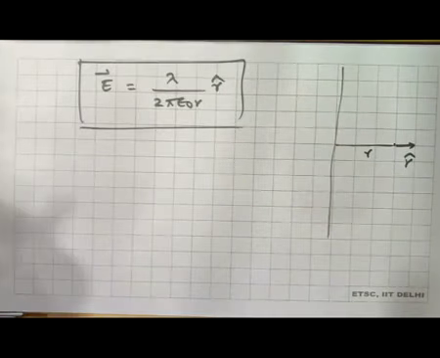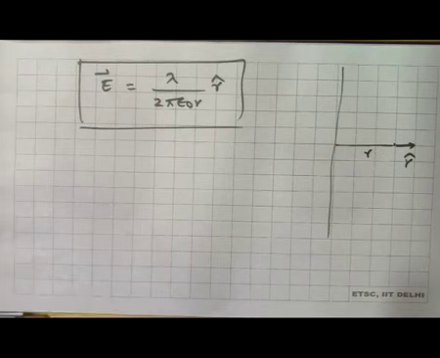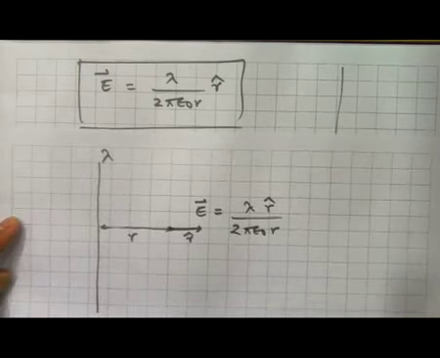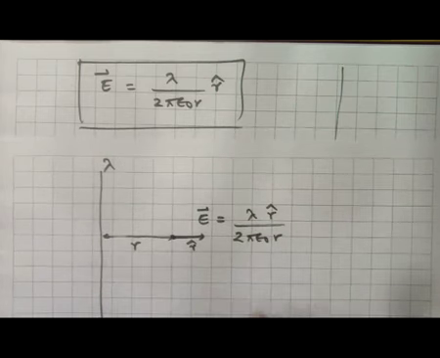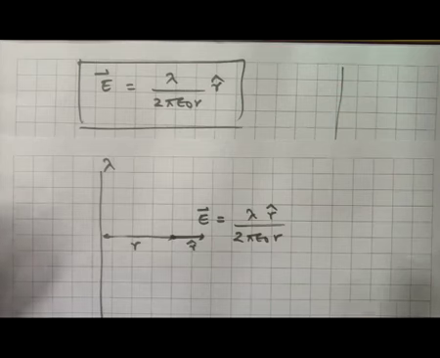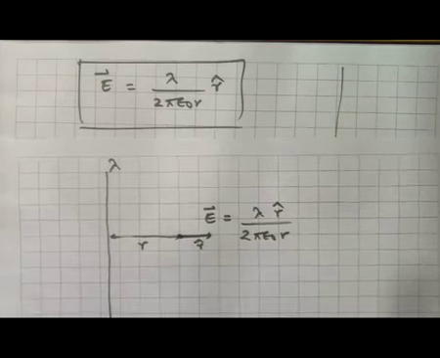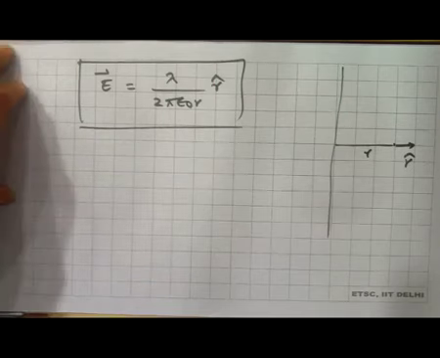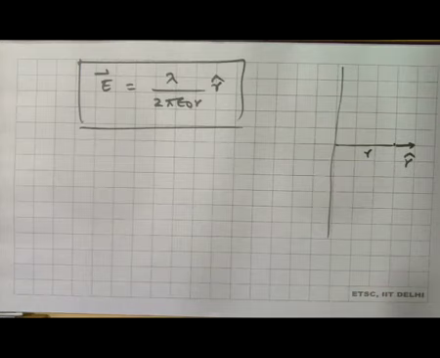Let me go back and look at the expression I got before. This was the expression which I got by integration of the total electric field from Coulomb's law. That is the expression which I got from Gauss's law, and you can see how much more simplified the Gauss's law application was in this case, and that is because I am using symmetry arguments.